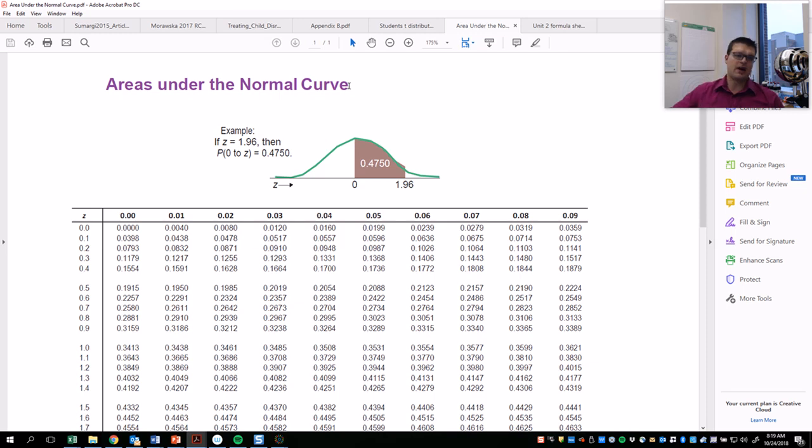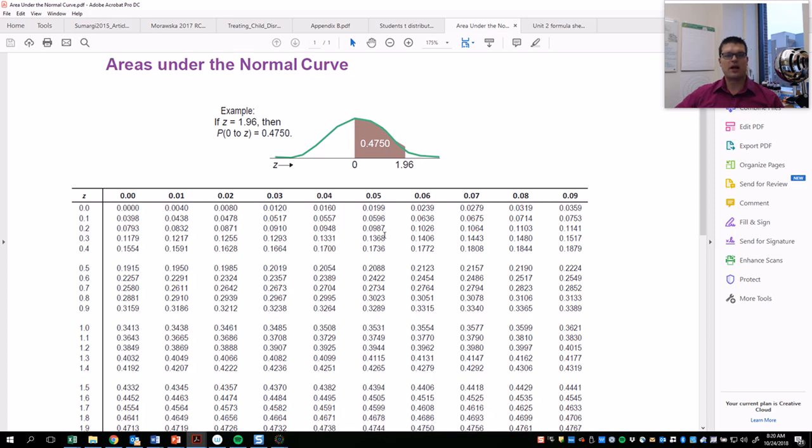So in order to do that, we need to look at this particular number, which is 0.4750. Now what happens if you multiply 0.4750 by 2? If you multiply that by 2, what you get is 95. So if you have a value in the middle here, then the probability that an individual or a sample or the population mean will be within plus or minus 1.96 standard deviations of the point estimate mean.